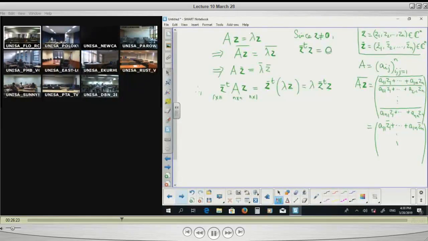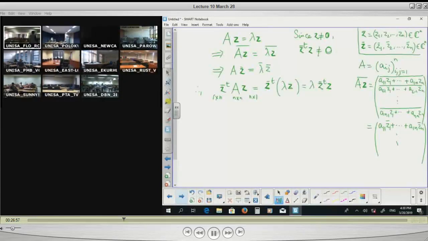Okay? Why? What is Z bar transpose Z? It is z1 bar z1, right? If that is not clear, what is it? z1 bar z1 plus z2 bar z2 and so on, right? But z1 bar z1 is the modulus of z1 squared. That's a real number. Yeah? So it's the modulus of z1 squared plus the modulus of z2 squared and so on.